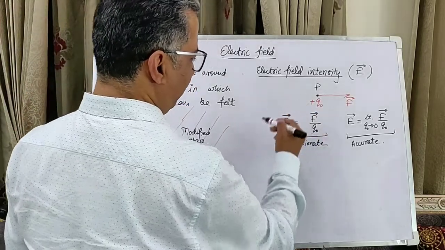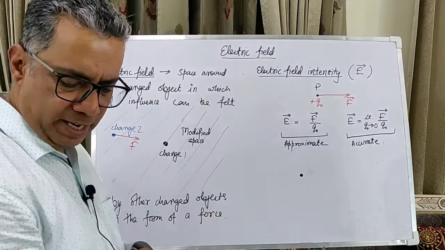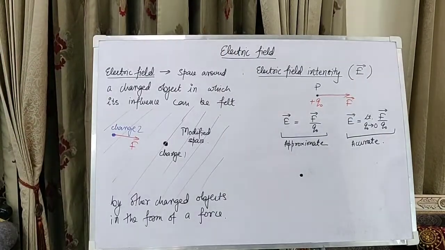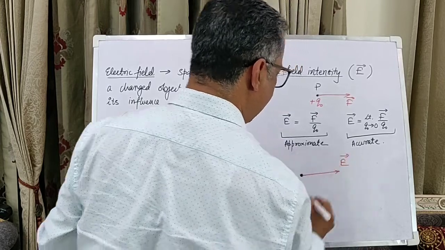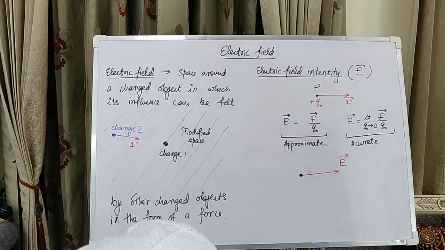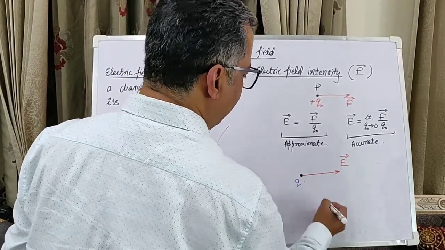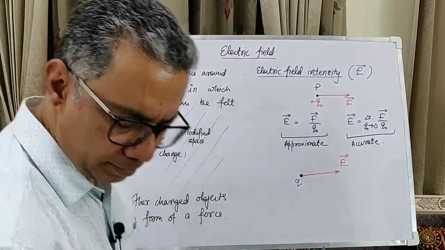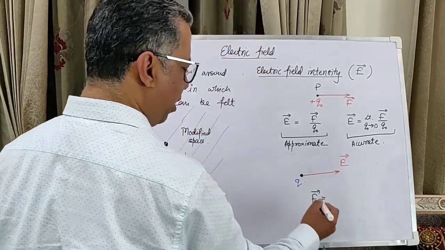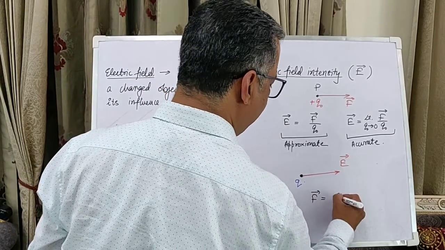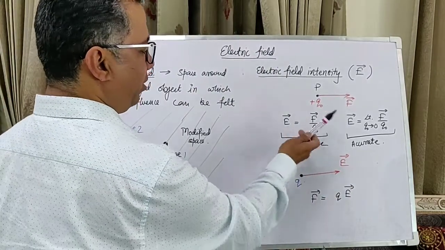Now in general, if at a given point the electric field intensity is E, and at the same point we place a point charge Q, then the force which this charged particle will experience will be Q times E. That's as per this definition.